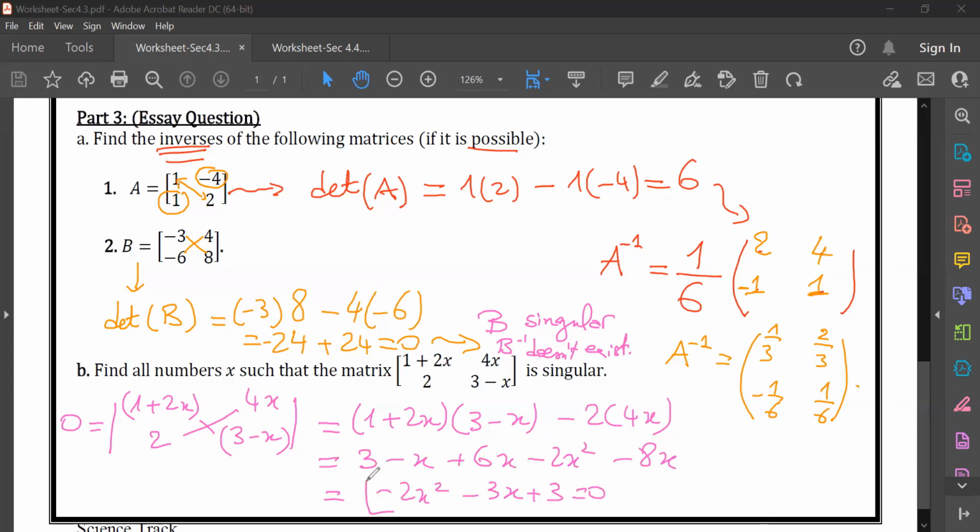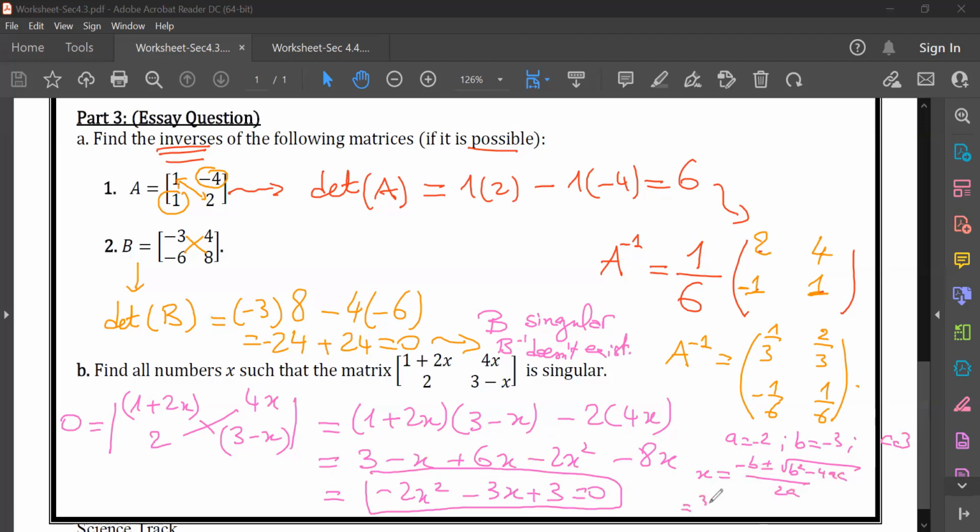We need to solve this quadratic equation. Using the general formula, a is -2, b is -3, c is 3. And you calculate x equals minus b plus or minus the square root of b squared minus 4ac, over 2a.